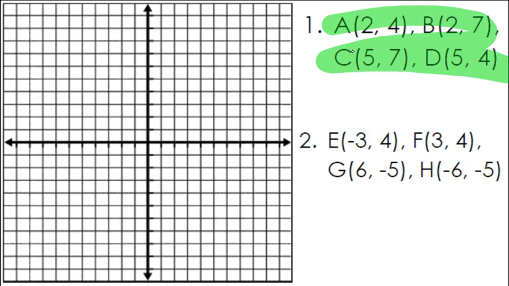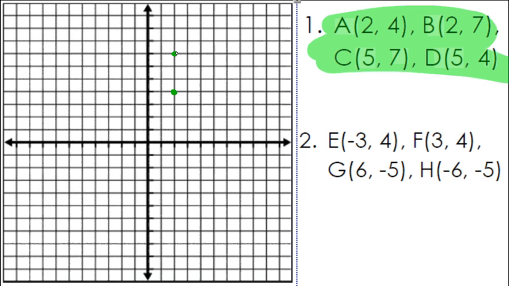Okay, so I'm going to do the first one with green. So what we have to do is we have to plot the points. 2, 4. 2 is the x, so I go over 2, up 4. There's a point. So that's A. B is at 2, 7, so 2, 7. Right there.